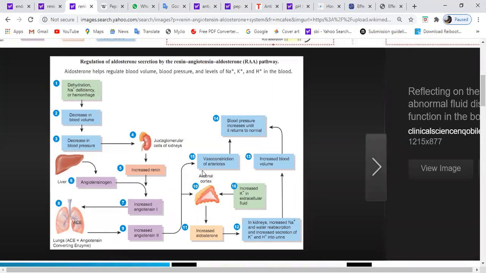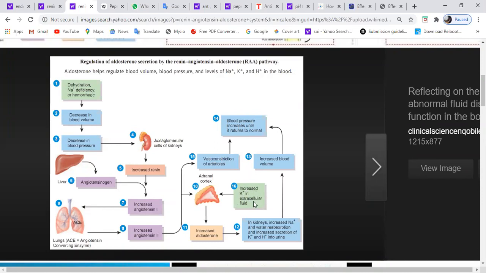Finally, this angiotensin 2 is the active form, so it will produce two types of responses. One, it acts over adrenal cortex cells so that it can stimulate aldosterone production. Also, it works through vasoconstriction of arterioles. What is vasoconstriction? To constrict, so that blood pressure is increased until it returns to normal.